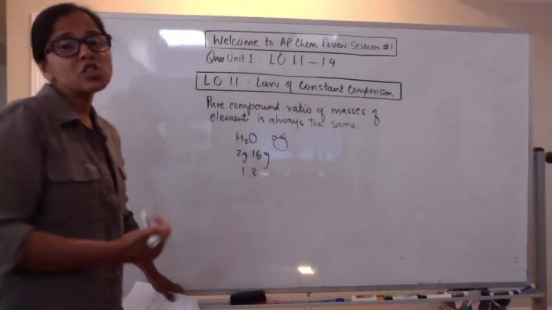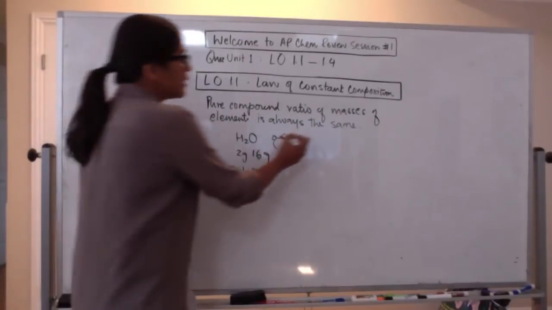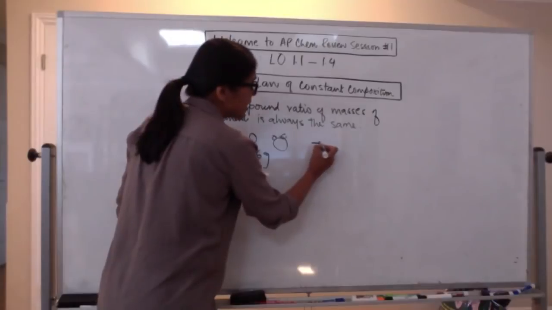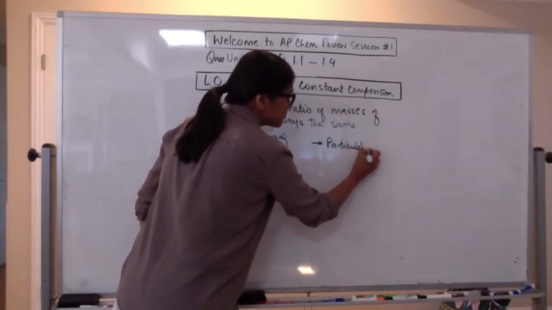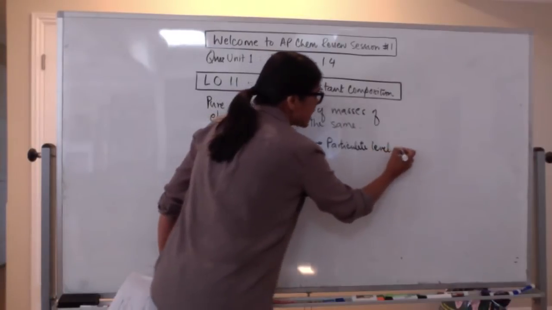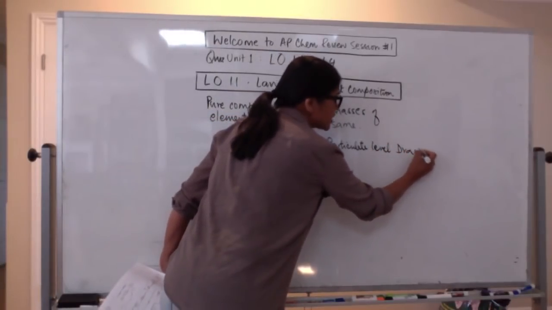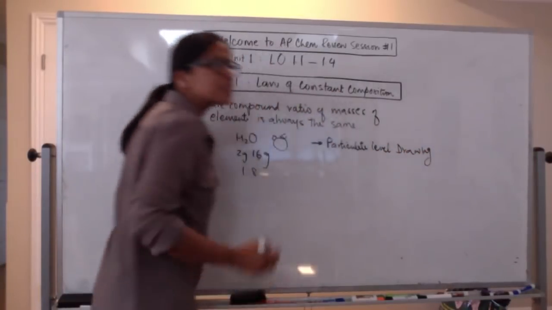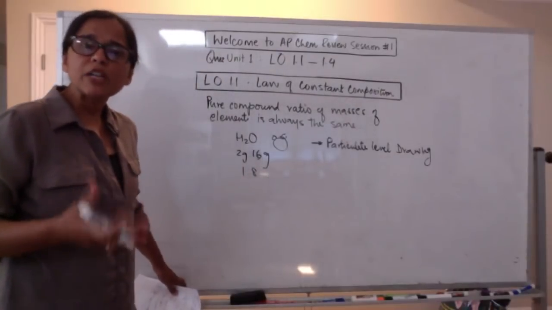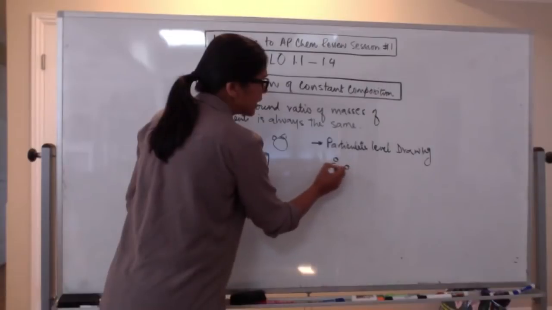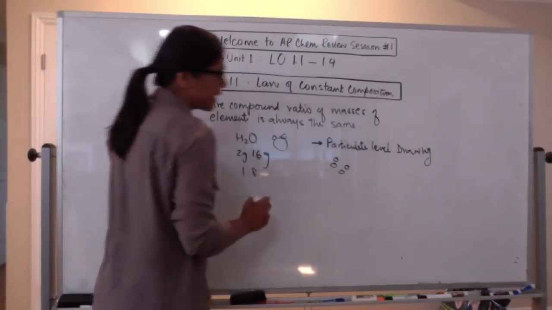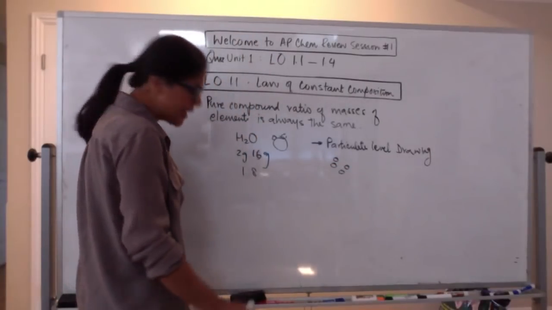Now its application comes in 2 ways. The first way is they may give you a particulate level drawing, and then they ask you, and we've been working on some of those, if it is a compound, element, homogeneous mixture, or heterogeneous mixture. How you tell is by looking at individual components. This you can tell is an element.